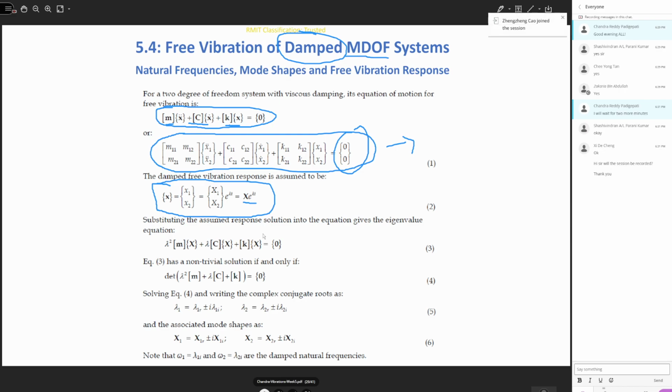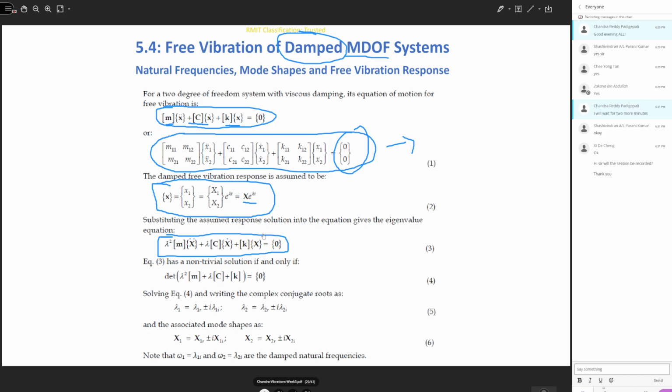To solve this, you need to write lambda squared times the mass matrix multiplied by the acceleration matrix, then lambda times the damping matrix multiplied by the velocity matrix. This you need to equate to 0.